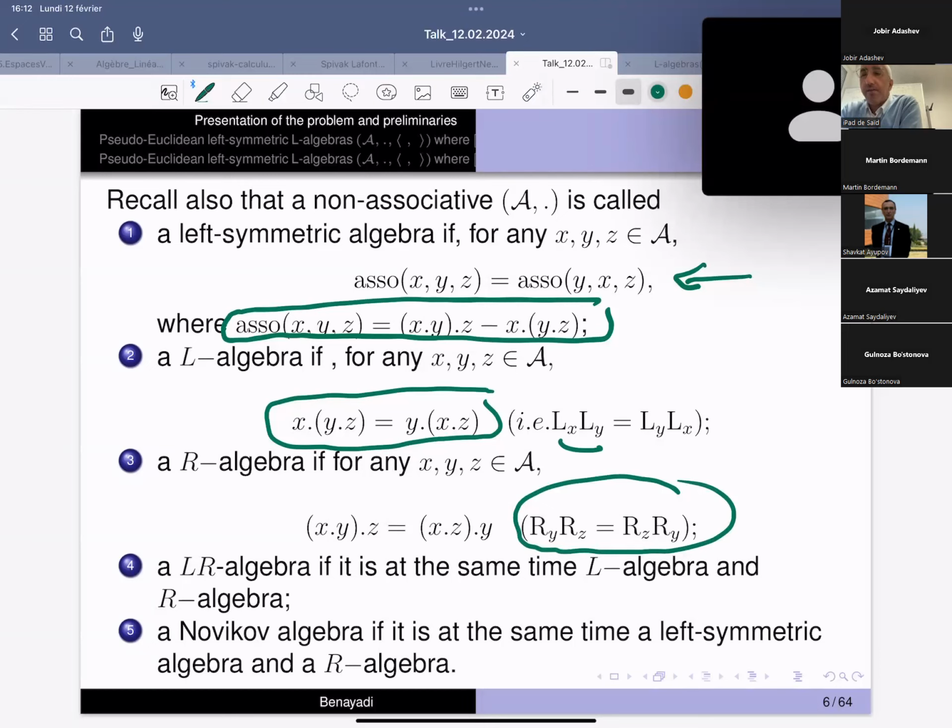An LR algebra if it is at the same time an L and R algebra. A Novikov algebra if it is at the same time left-symmetric and a right algebra, or R algebra. Okay, these are the definitions in non-associative algebra.